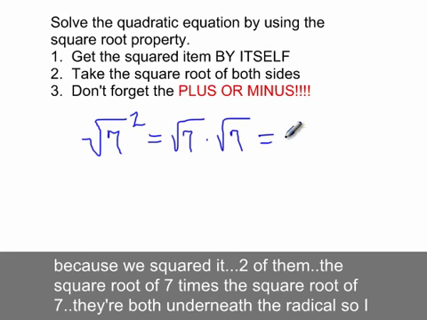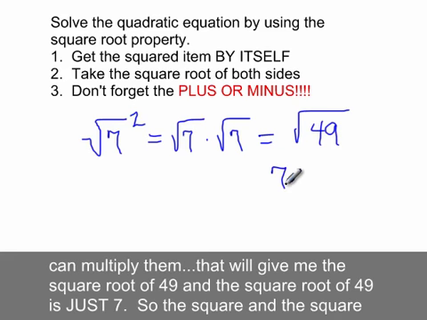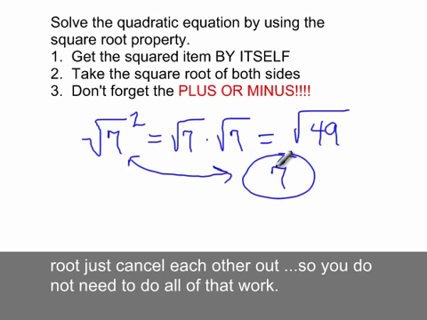They're both underneath the radical, so I can multiply them. That will give me the square root of 49, and the square root of 49 is just 7. Would you look at that? So the square and the square root just cancel each other out. So you don't need to do all that work.